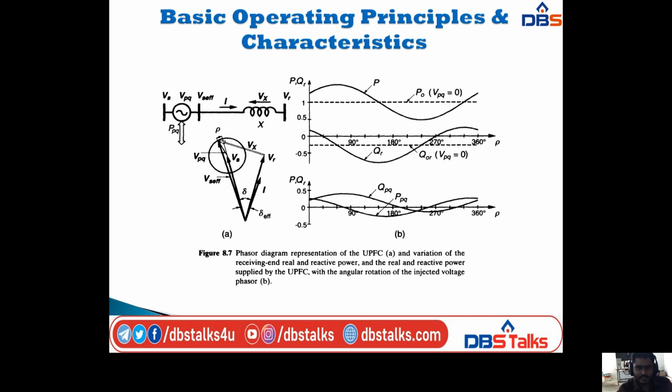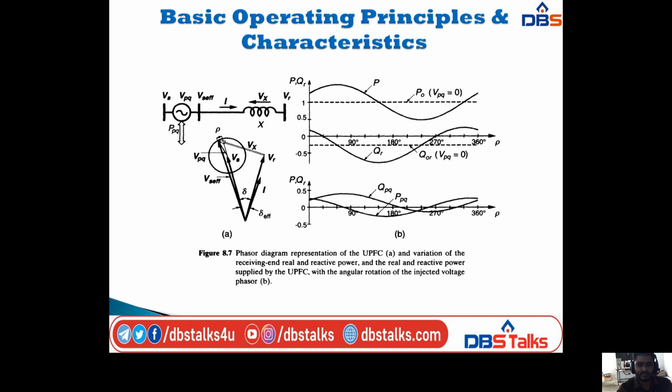So this is the phasor diagram representation of the UPFC. The first one is for the variation of the receiving end real and reactive power, and the real and reactive power supplied by the UPFC, with the angular rotation of the injected voltage phasor.